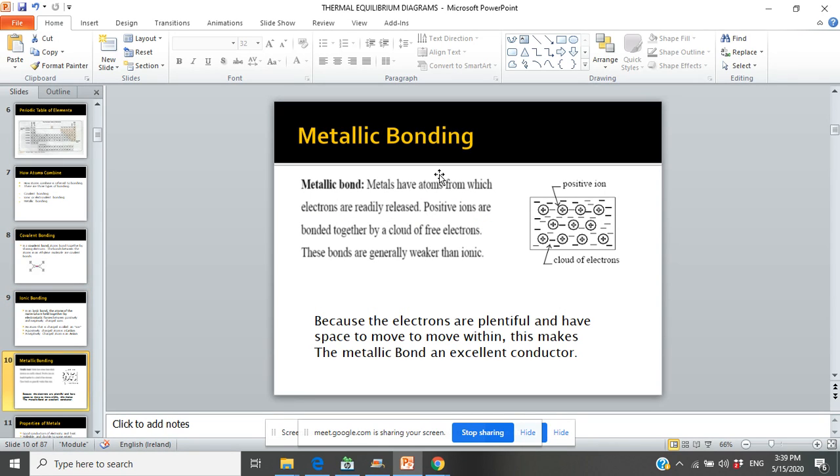We're going straight to the metallic bond, and basically what it's saying is that in the metallic bond, the electrons in metallic atoms only have a loose tie to the atoms.